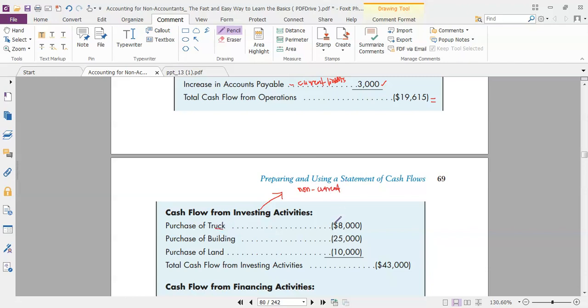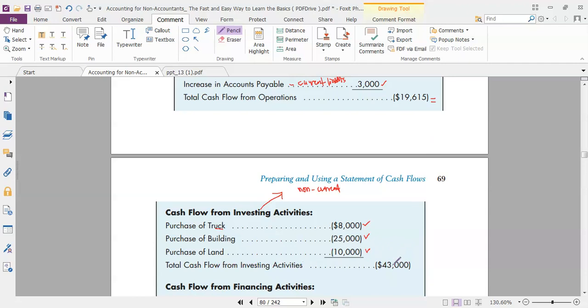Because the cash is an outflow, you must deduct 8,000. And if the company purchases a building, also deduct from the investing activities. Purchase of land, also deduct 10,000.